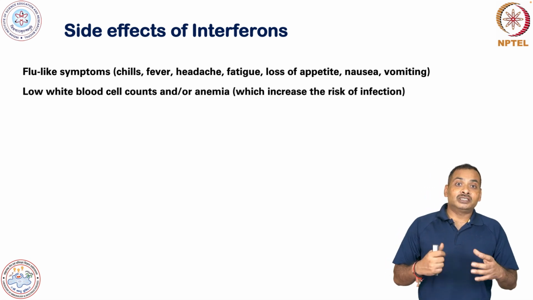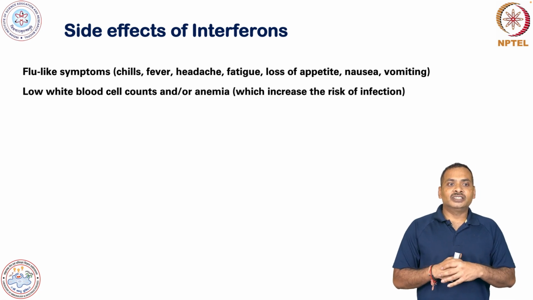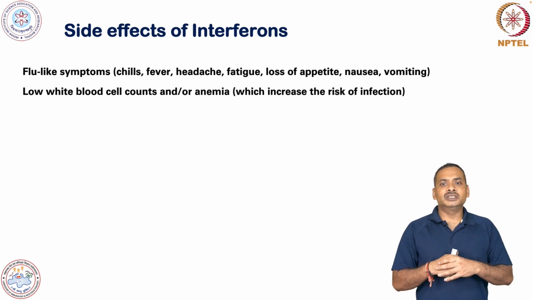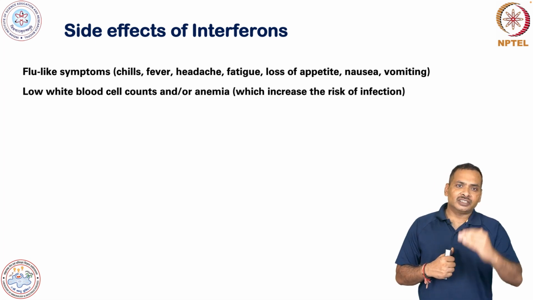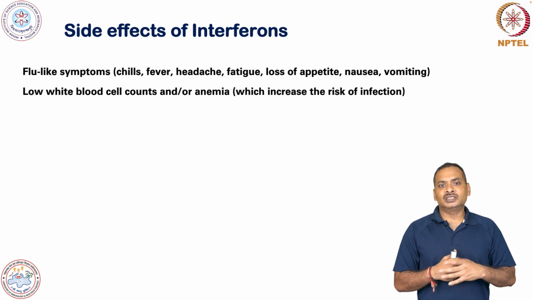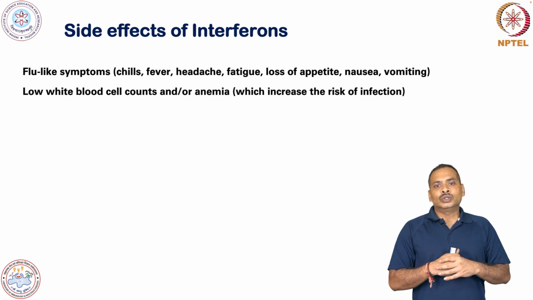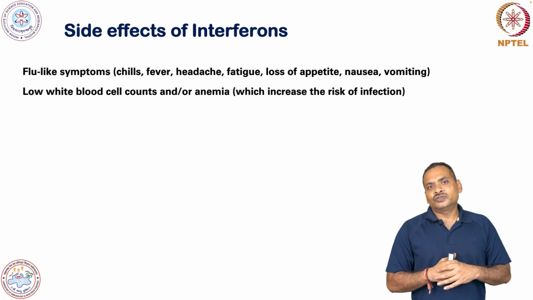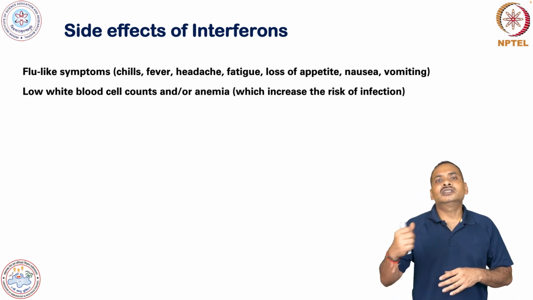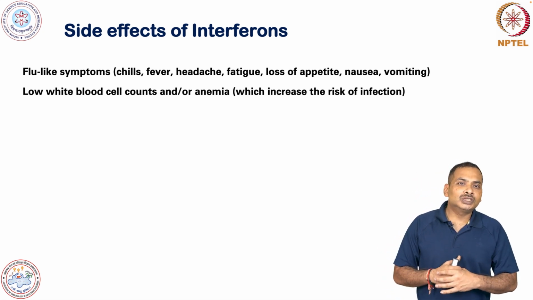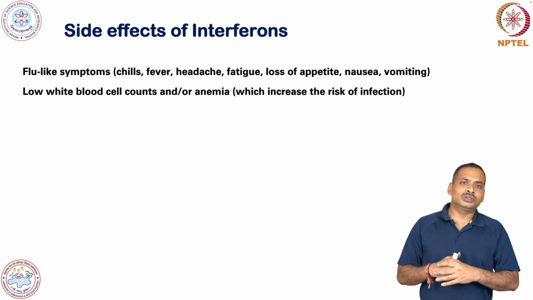Okay. But there could be some long term side effects, or there will be some more problems like significant reduction of white blood cells, anemia, okay, which increases the risk of infection. Okay. So, when WBCs reduce, then the individual is much more vulnerable or susceptible to infection.